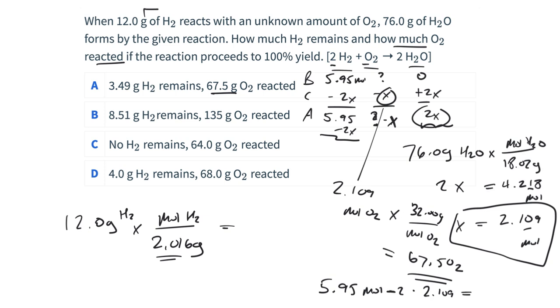So 5.95 minus 2 times 2.109 is 1.73 moles.